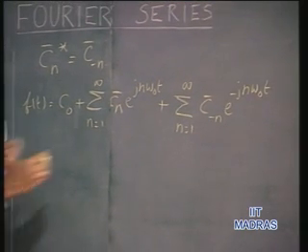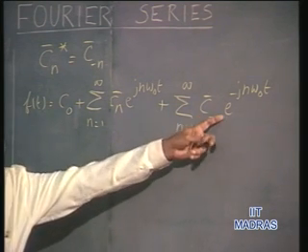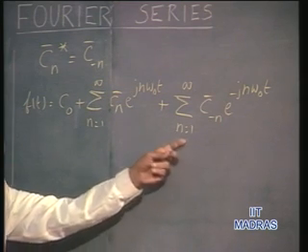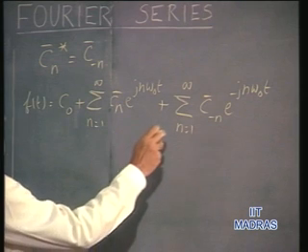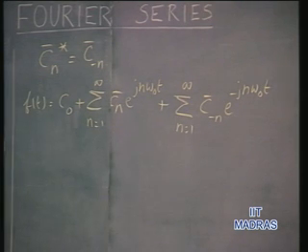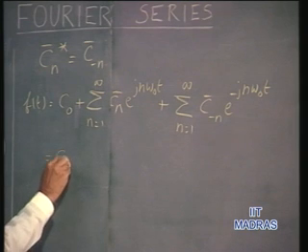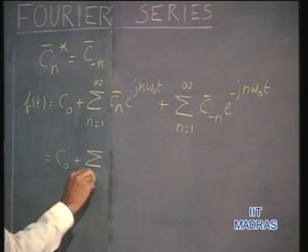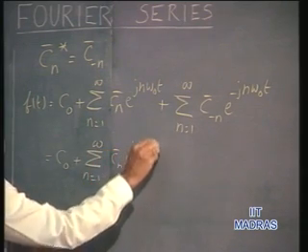Now, we would like to combine these two summations into one. That can easily be done by substituting minus n for n here. When you substitute minus n for n, I can write this as C naught plus the sum of Cn e to the power of jn omega naught t, n from 1 to infinity.